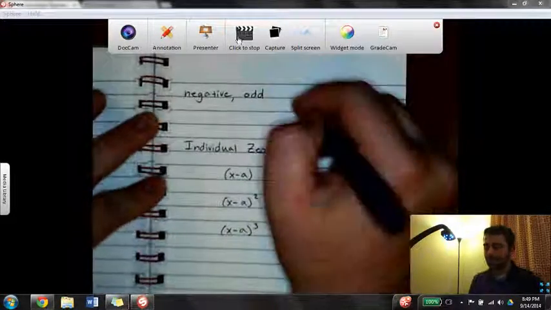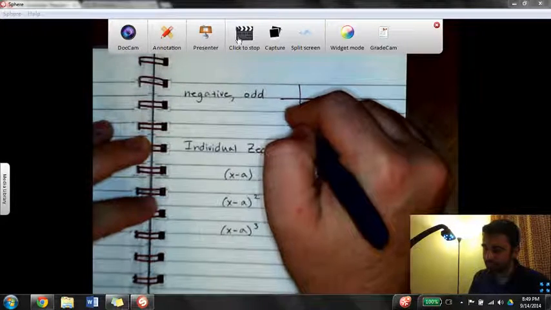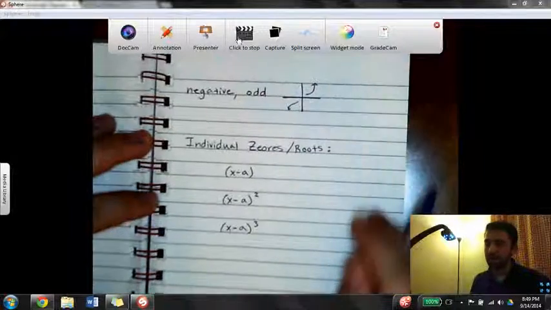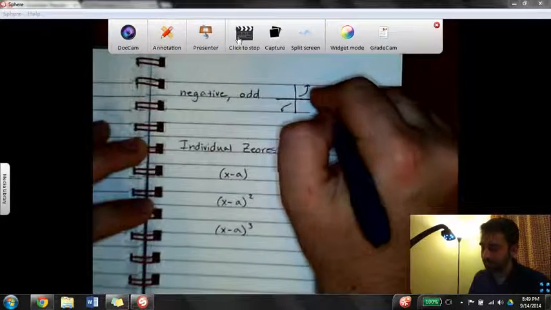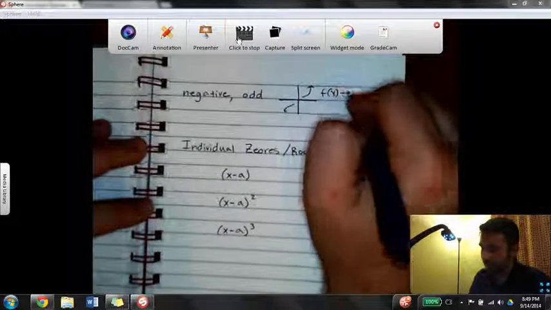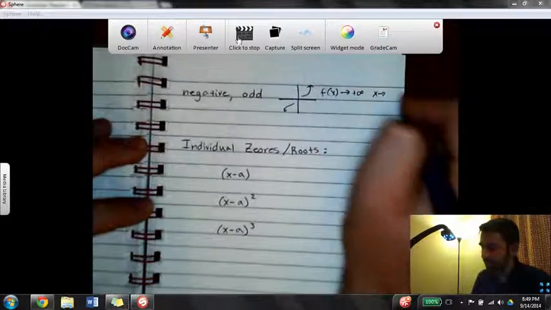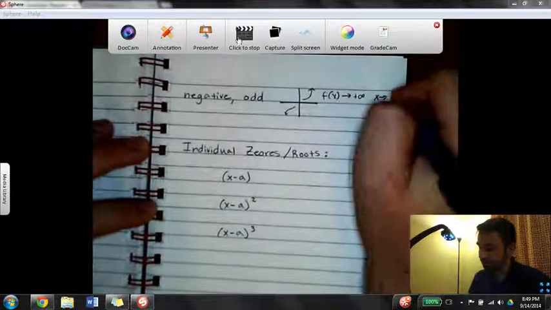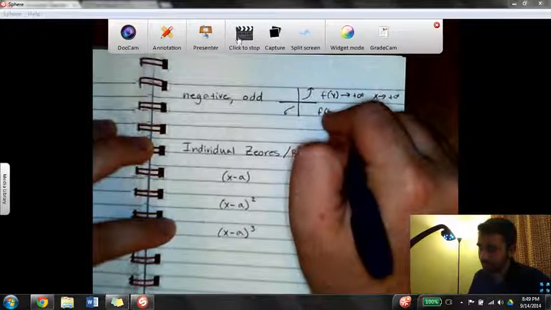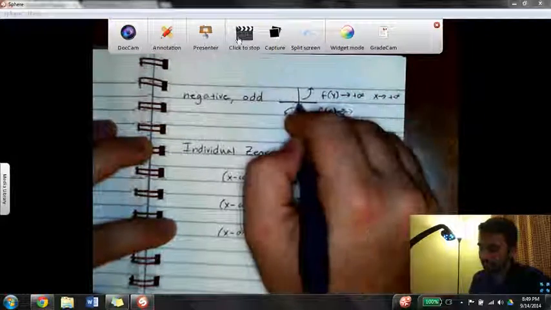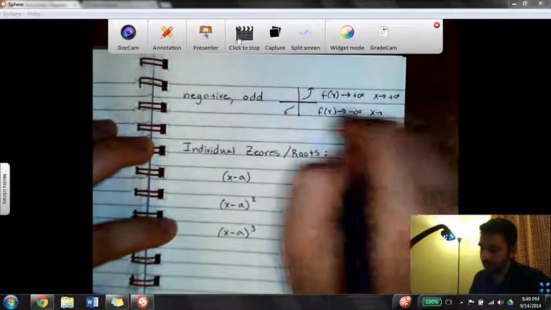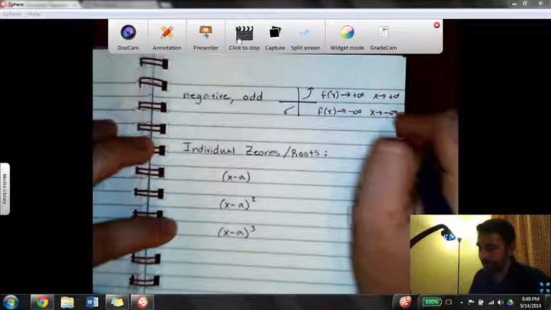And finally, a negative odd function begins below the x-axis and ends above the x-axis. And once again, our end behavior here, our f of x values go to a positive infinity when x goes to a positive infinity, and our f of x values approach a negative infinity when our x values approach a negative infinity.